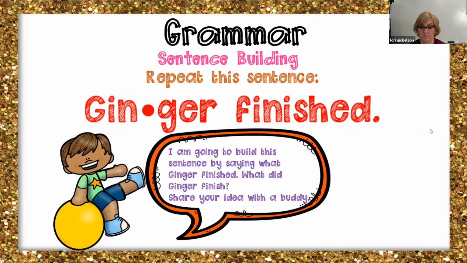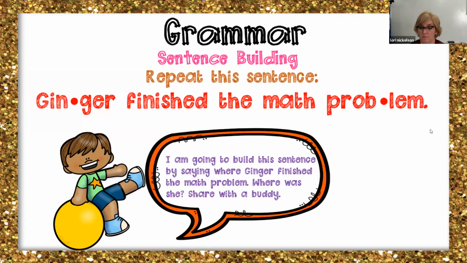All right. Let's build this sentence by saying what Ginger finished. What did Ginger finish? Share your idea with a buddy. Ginger finished her math problem, right? Ginger finished the math problem. Okay. Where did Ginger finish the math problem? Where was she? Share with your partner.